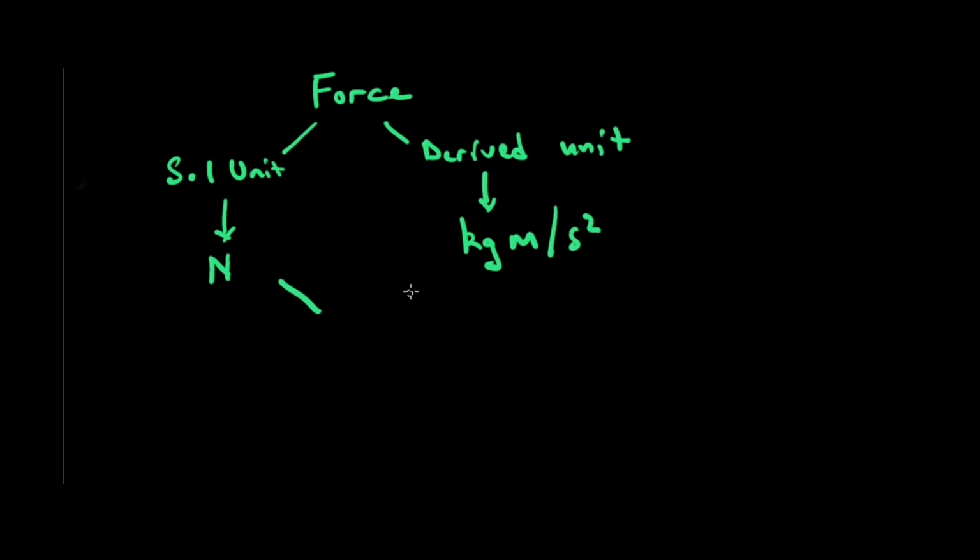Then, the definition of the Newton: 1 Newton is equal to 1 kg meters per second squared. And I want you to take particular emphasis on one important issue. When you define a Newton, do not just write that Newton is equal to kg meters per second squared. Write that 1 Newton is equal to 1 kg meter per second squared.